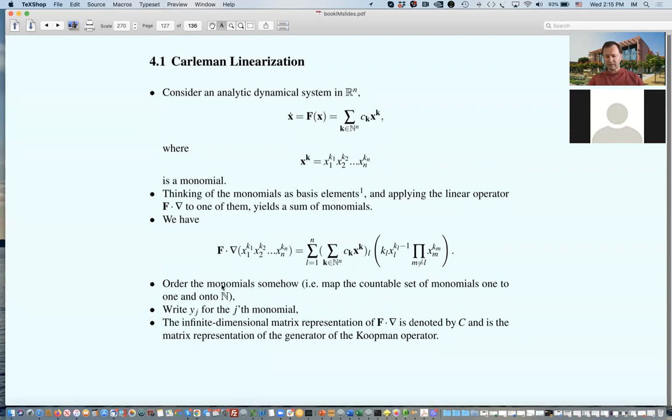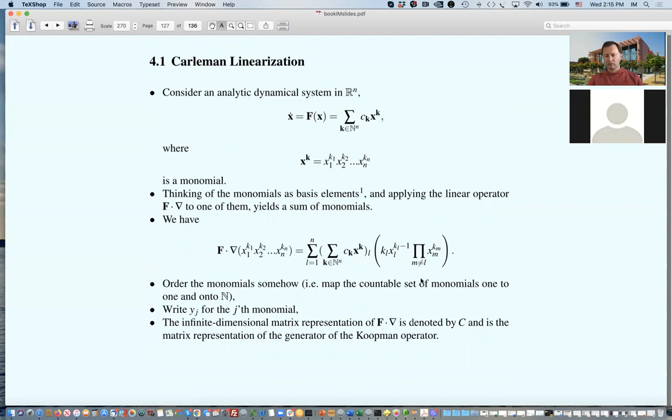So let's say we order the monomials somehow. There are various ways of doing this. One of them is lexicographic. There are a variety of ways of ordering the monomials. This set of monomials is actually countable, right? It's indexed over all these indices k1, k2 to kn, but that's a countable set of indices.